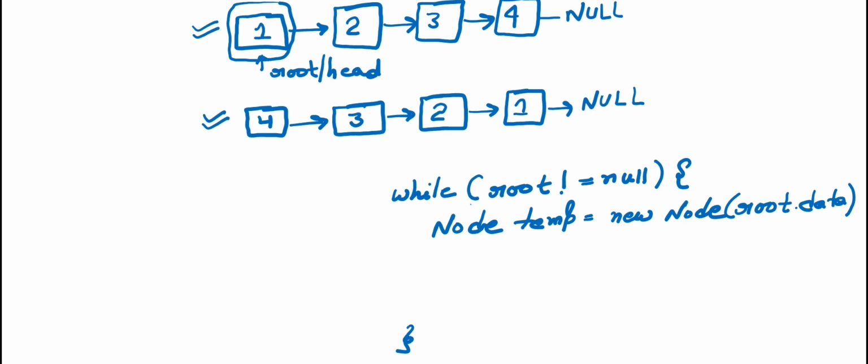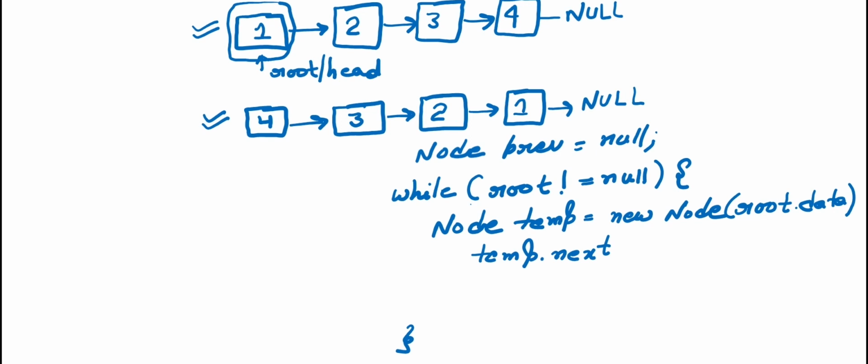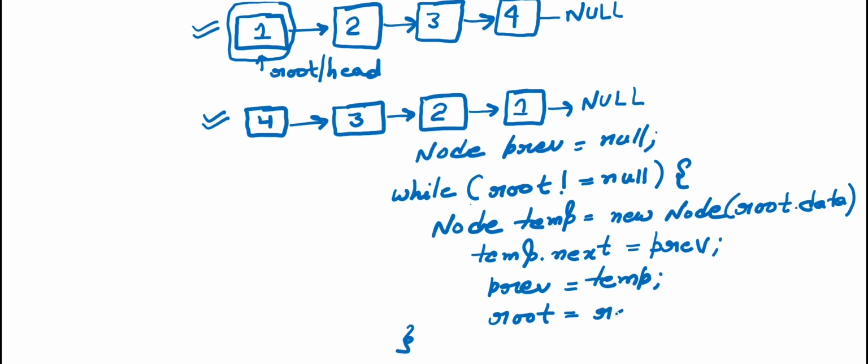And let's take one another variable node, previous. Initially it is null, because before this there is nothing, so previous is null. And let's assign temp.next to previous, and now make previous to temp, and move to the next root node.